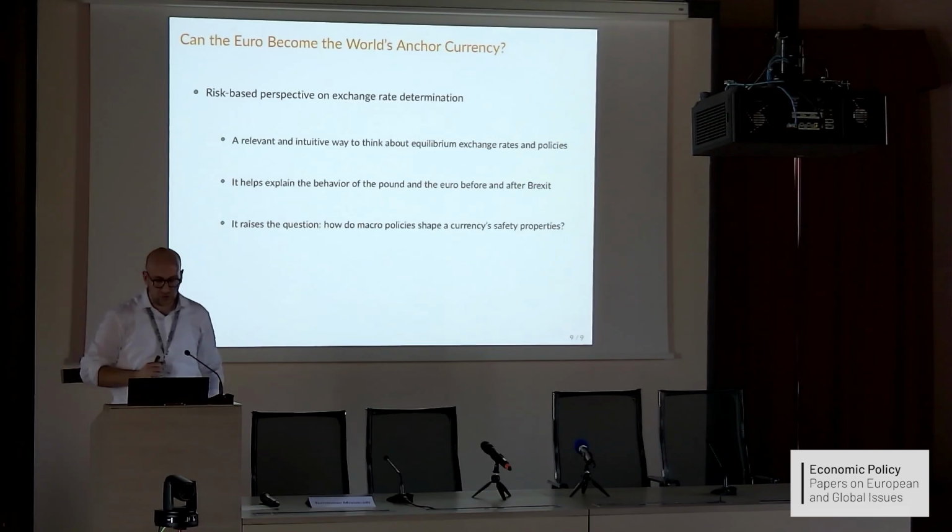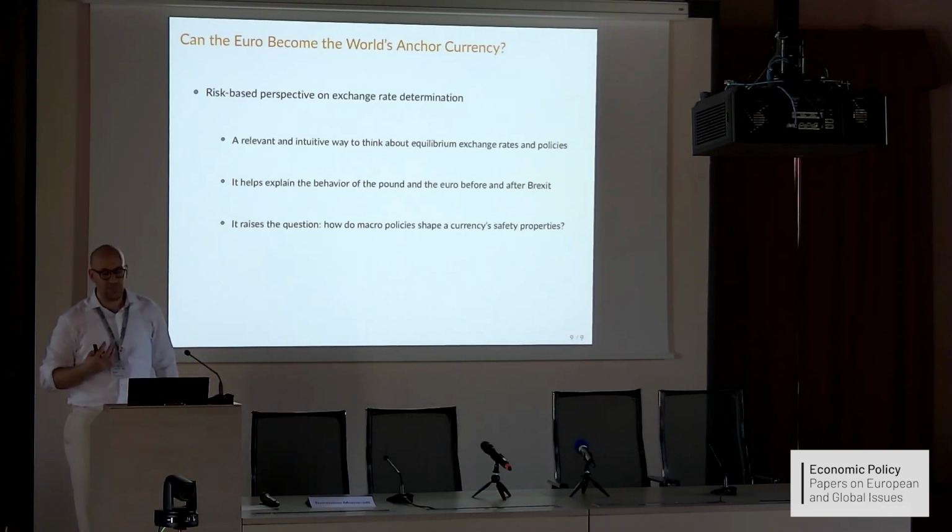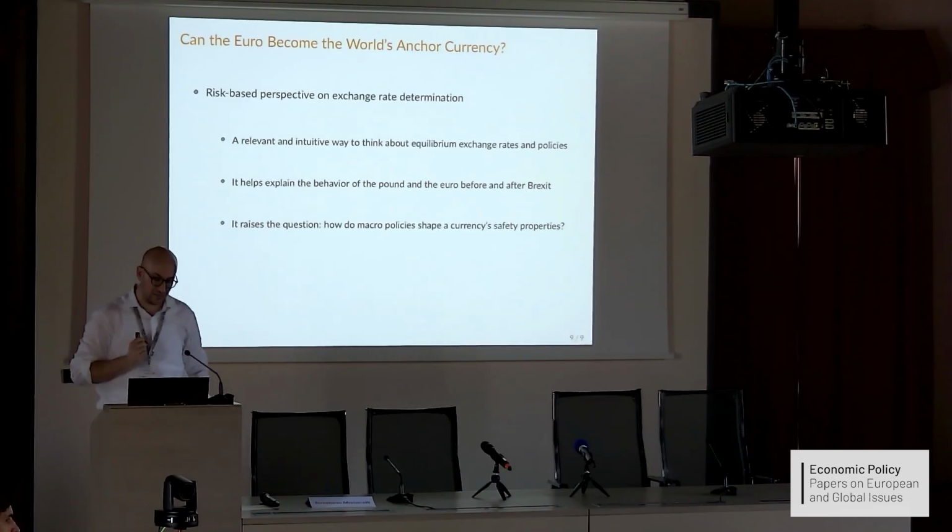And so to conclude, I think the paper takes this risk-based perspective on exchange rate determination. I find it a relevant, intuitive, in fact fascinating way to think about equilibrium exchange rates and exchange rate policies.